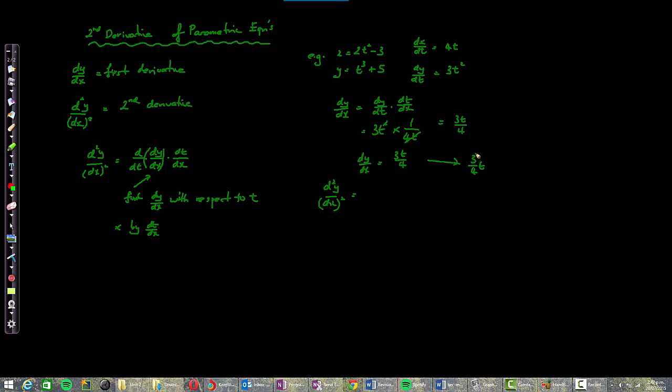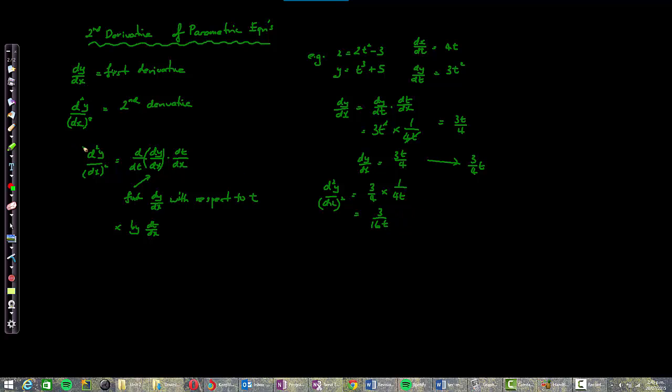So the derivative of that with respect to t would just be 3/4, times then dt over dx. Now dt over dx, that's going to be 1 over 4t. So we end up with 3 on top and 16t on the bottom. So this is our second derivative then.